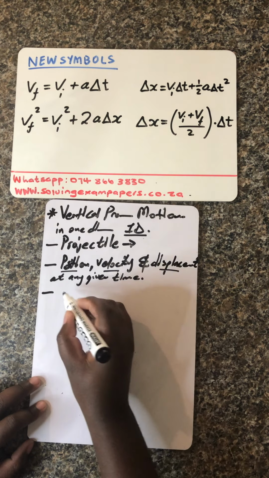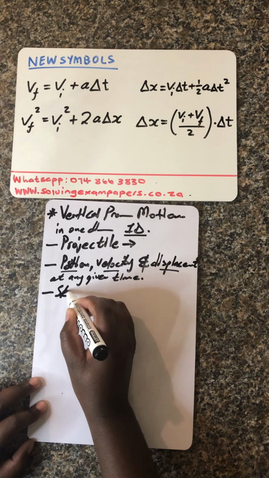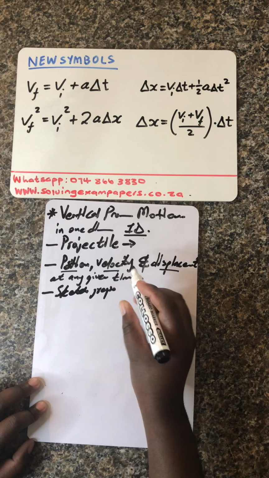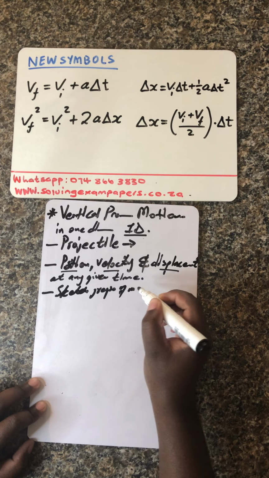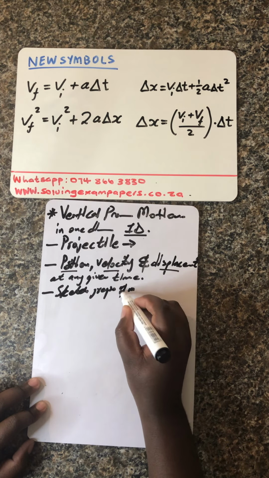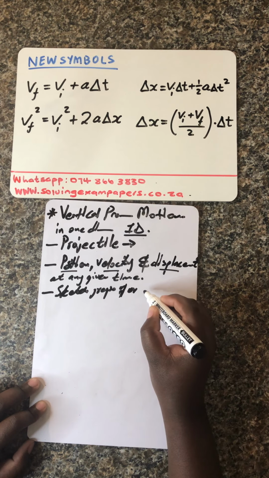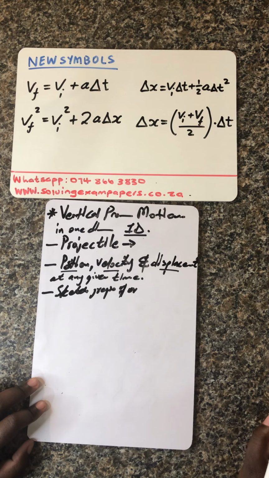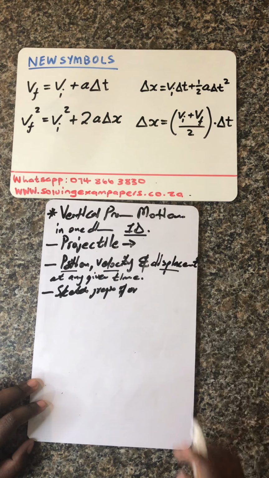Okay, we also sketch graphs for position versus time. Ladies and gentlemen, I'm not really sure if I should use the symbols or just write it down, but because I've got limited space, you can just listen as I say.